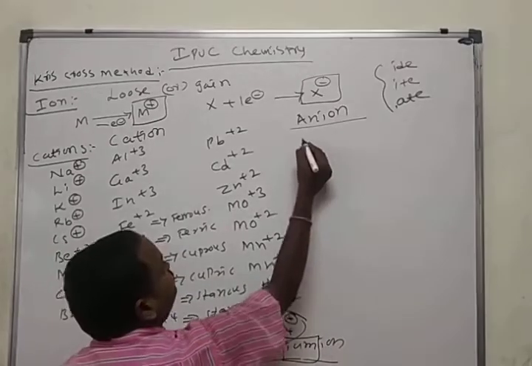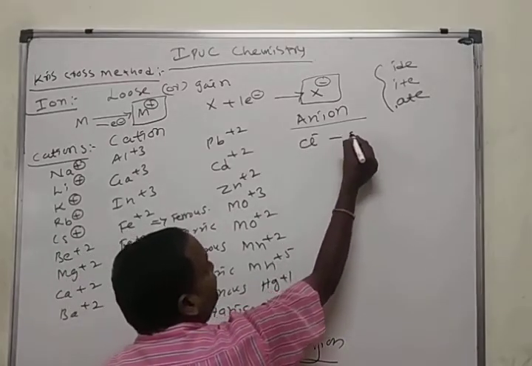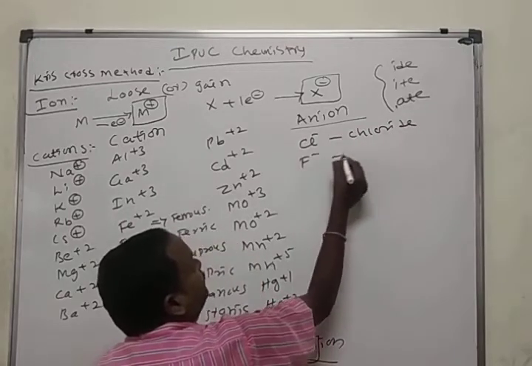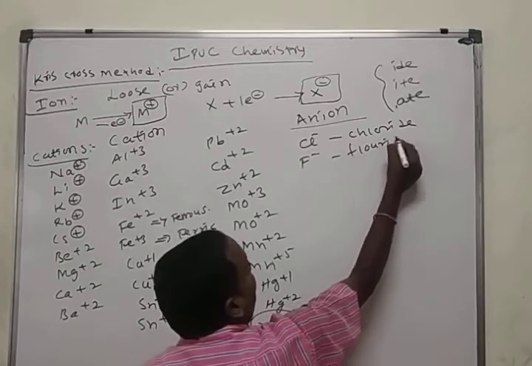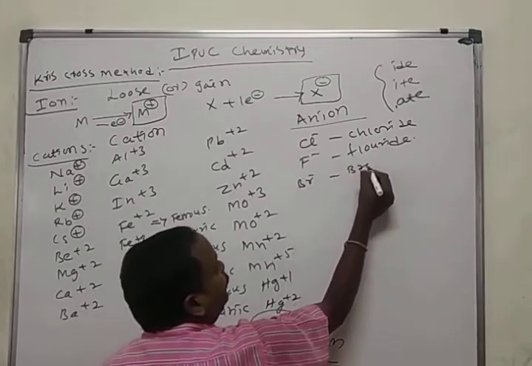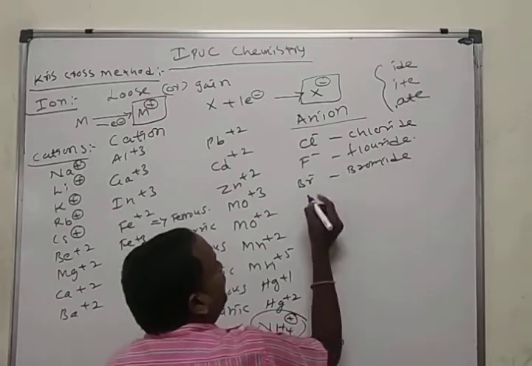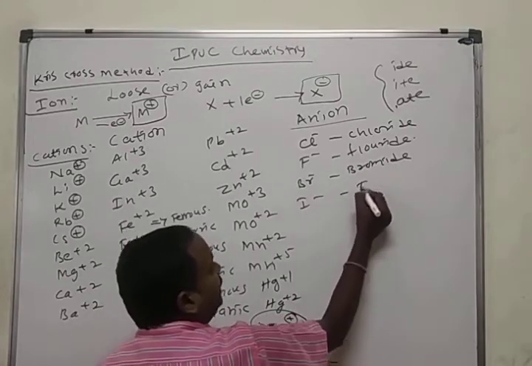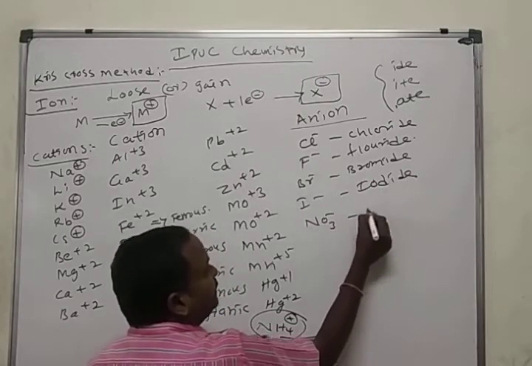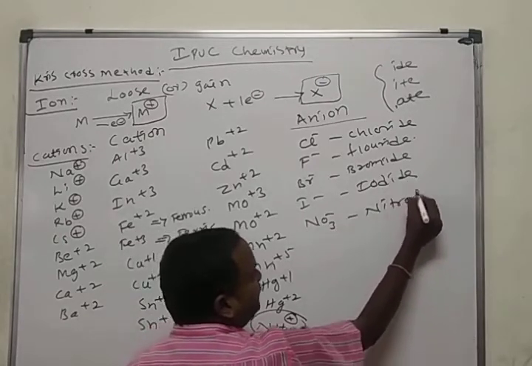Cl minus, chloride ion. F minus, fluoride ion. Br minus, bromide ion. I minus, iodide ion. NO3 minus, nitrate.